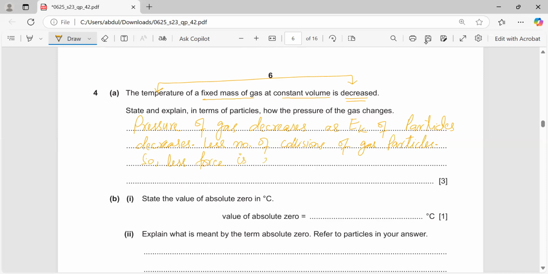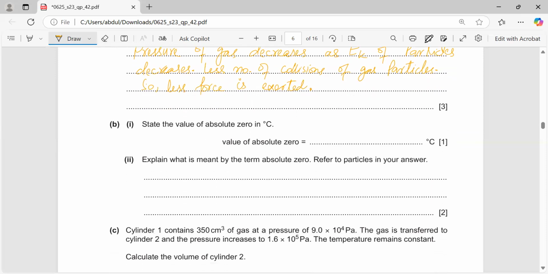Less force is exerted, and less pressure, as we have already told, so that is enough. Less force is exerted, and this way we can do it, no worries.